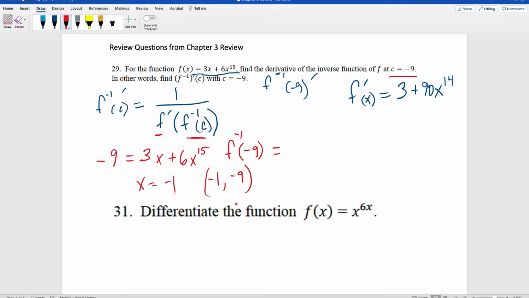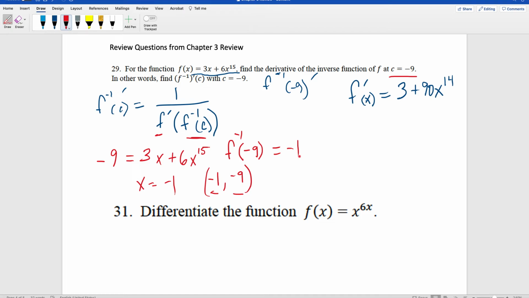With the original function, we plug in an x value and get a y value. So -9 is now the input. What's the output? -1. That's the hardest part. Literally, I had to think through this before class today: how do I explain this? I can do it, but that's what we're doing, okay?